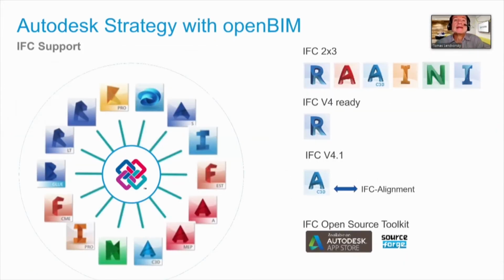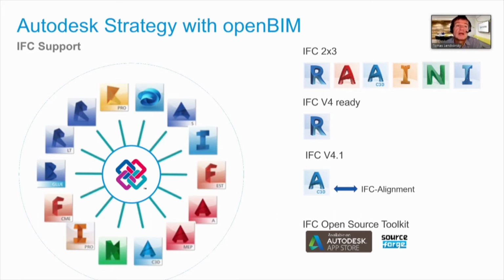So the next thing I want to talk about is our strategy with OpenBIM. Autodesk is part of buildingSMART, so basically we are contributing to buildingSMART, and we are on top of what is happening.